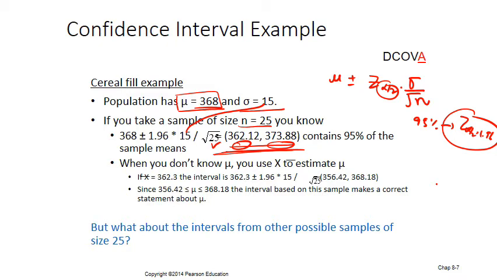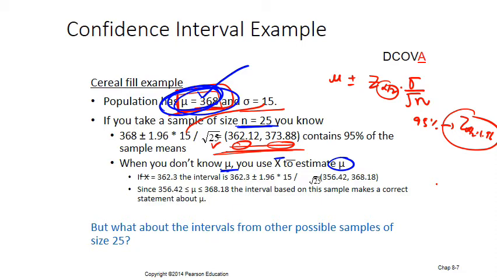In reality, we will not be given this mu, and we will try to estimate this mu on the basis of our sample, and we will calculate the sample mean. So let's see, when you don't know mu, you use x bar to estimate this mu.